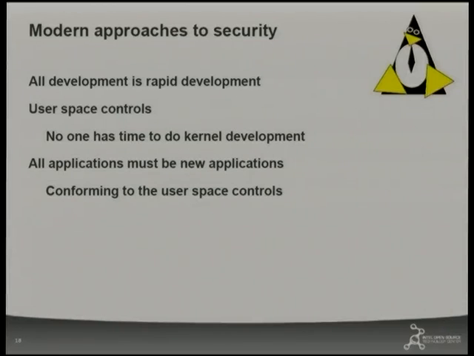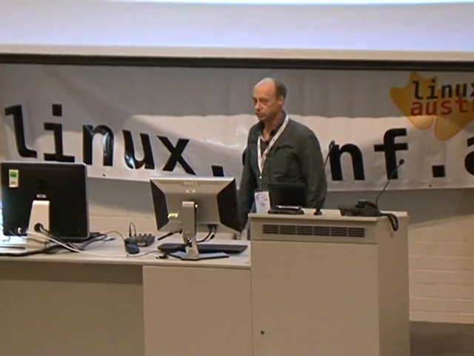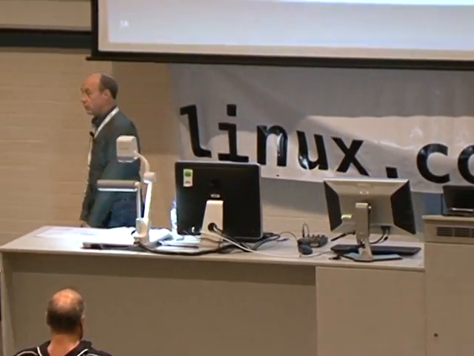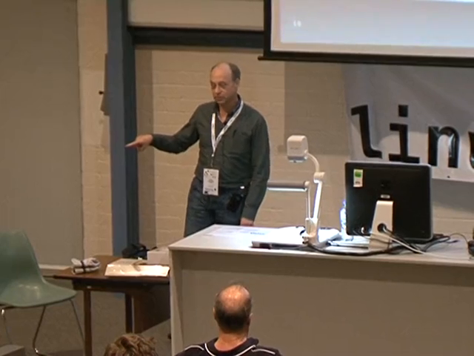All development is rapid development, and user space controls. Well, no one has time, and it's all done in user space. All the controls are done in user space. Why? Nobody's got time to write code. You know how long it takes to get code into the Linux kernel if somebody decides they don't like it.